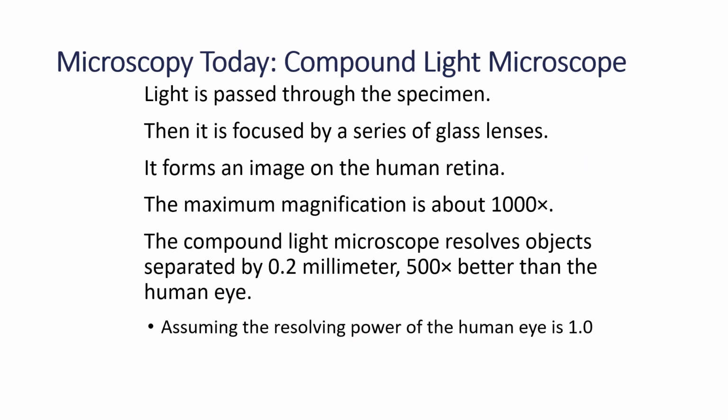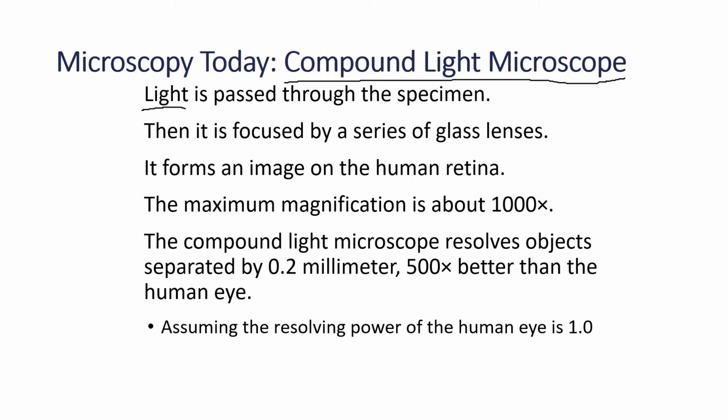Alrighty, so let's talk about a compound light microscope. If you're doing online labs, you're simulating these a lot, but in lab, we use these a lot. And again, we use light to illuminate the specimen.